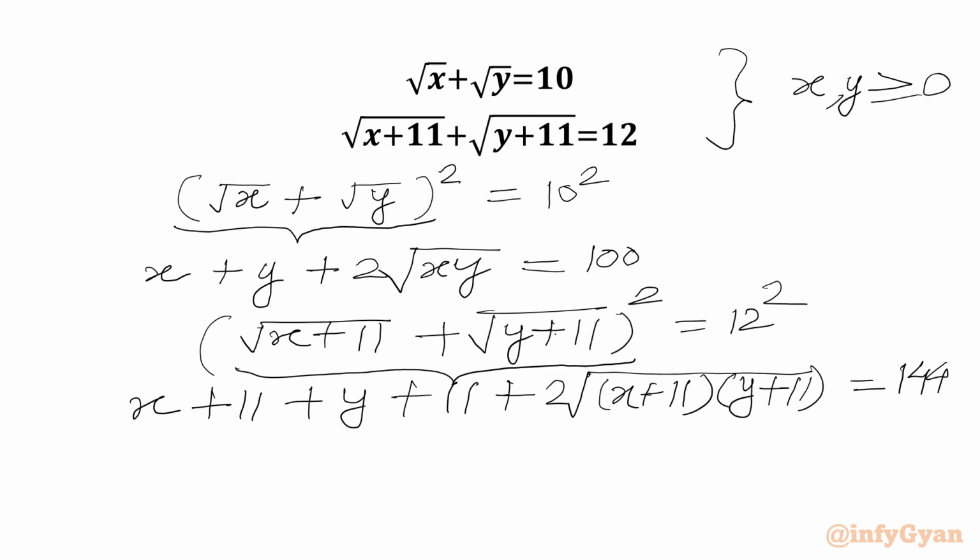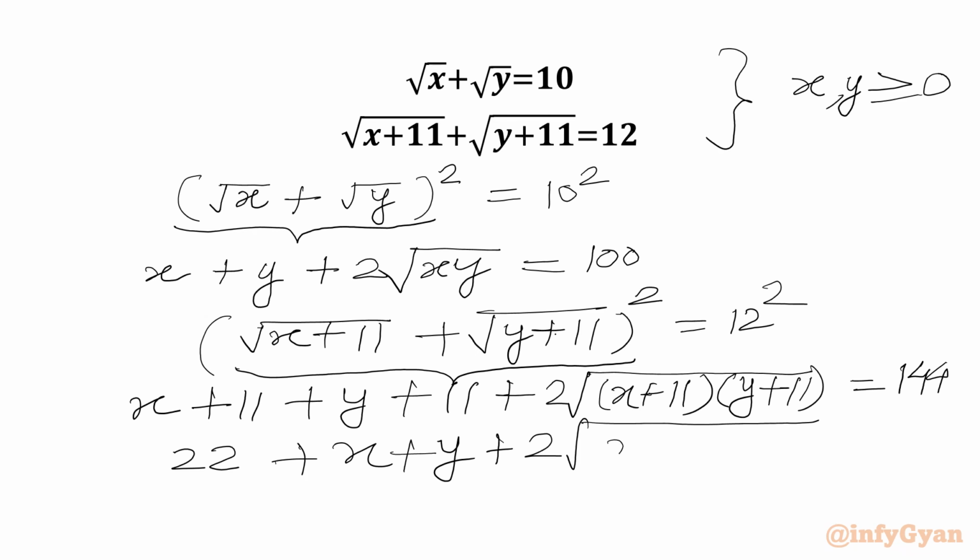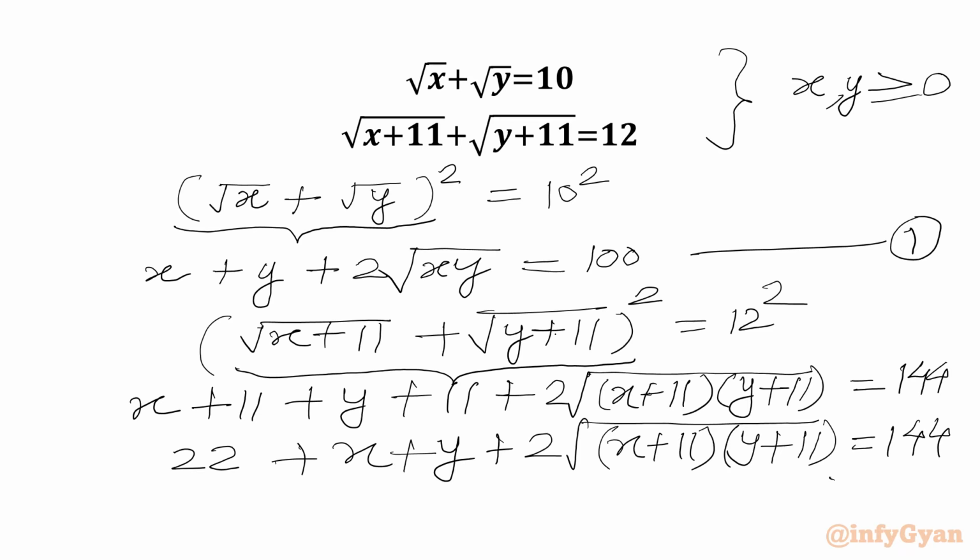Now we will simplify LHS. We can write 11 plus 11, 22. Then we have x plus y. Then we'll write plus 2 times √((x+11)(y+11)) equal to 144. Now let us say this is our first equation, and here we will consider equation number 2.